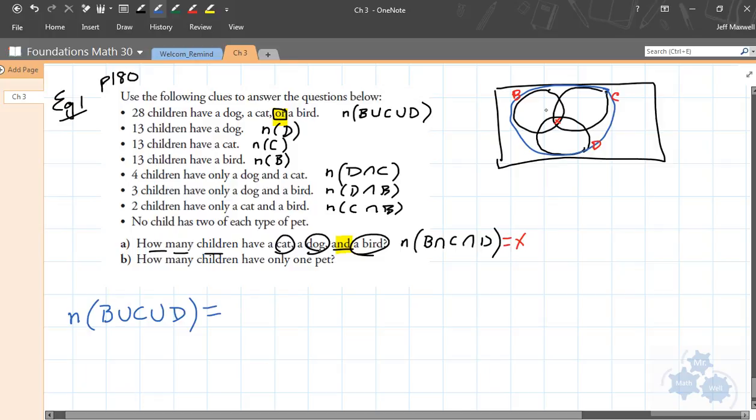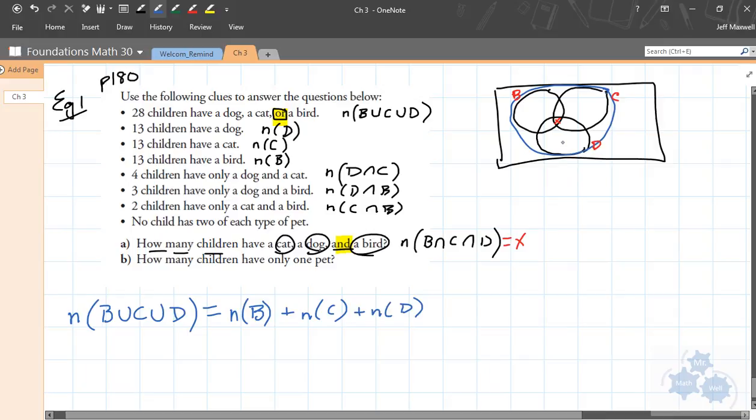Well, we obviously have to add the number of B's plus C's plus D's. We need all 3 of those circles. So the number of B plus the number of C plus the number of D.